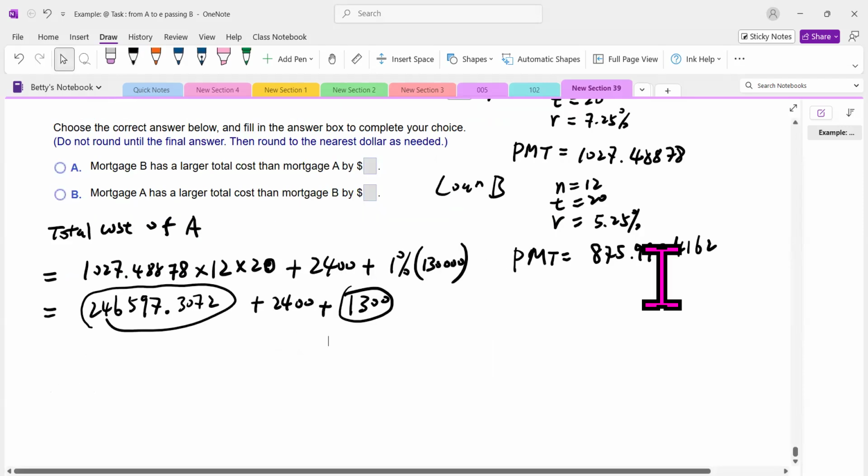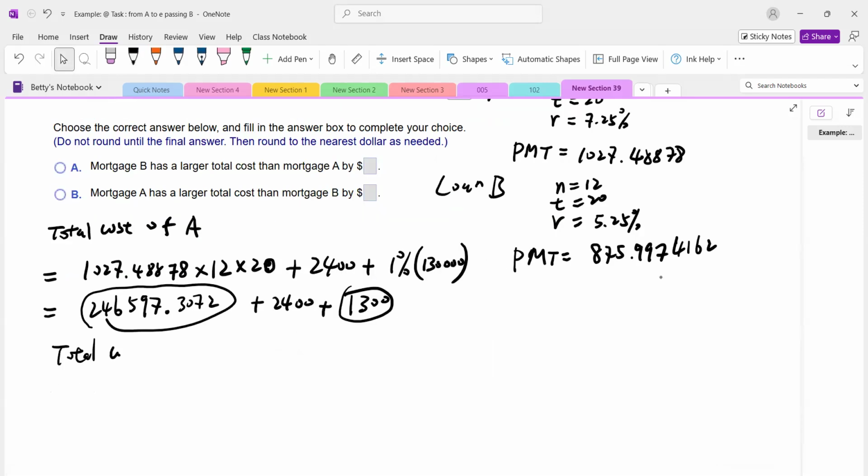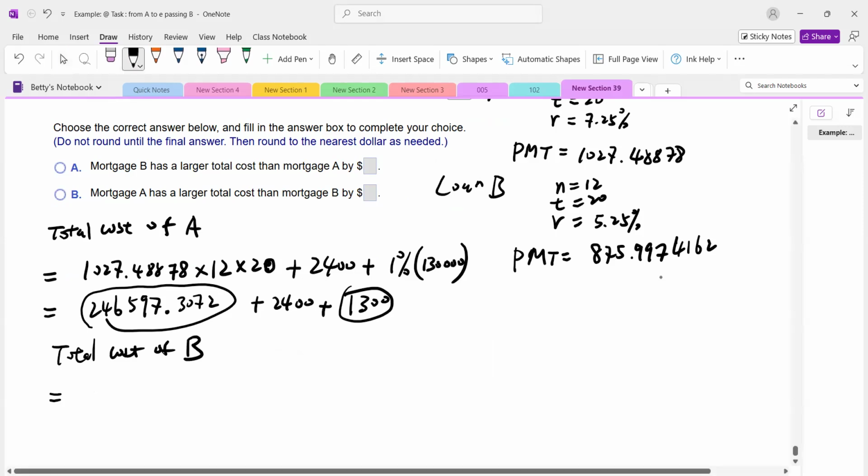So that is the total cost of plan A. Now let's do the total cost of plan B. For plan B, you pay $875.9974162. Multiply that by 12 by 20.